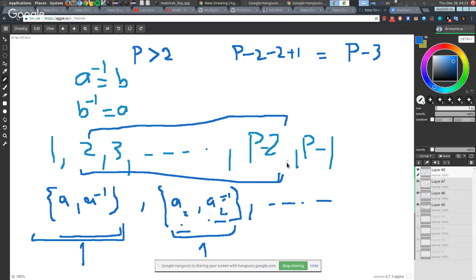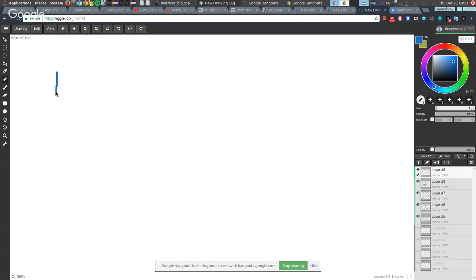So when we multiply all of these numbers, we get a result of 1 mod p. And when we multiply by the 1, it remains 1 mod p, and then we end up having p minus 1.